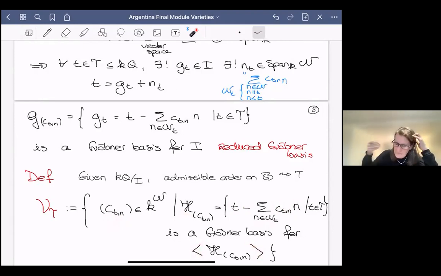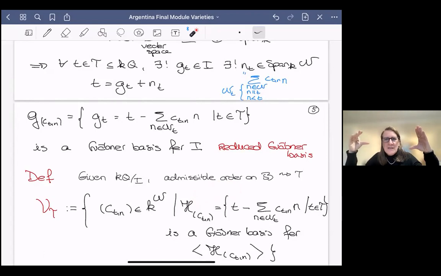So it's maybe a little bit much to do, but basically here is a subset of KQ. Okay, I shouldn't put, it's a subset, I'm sorry. So it's a subset of KQ. With this subset of KQ, we can generate a two-sided ideal.